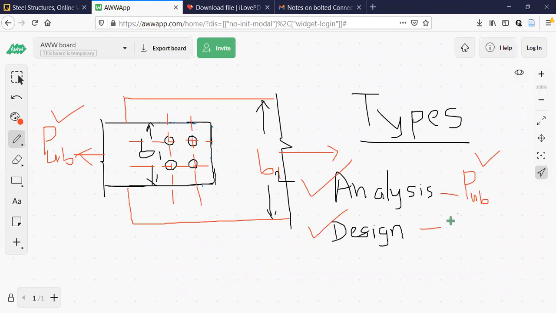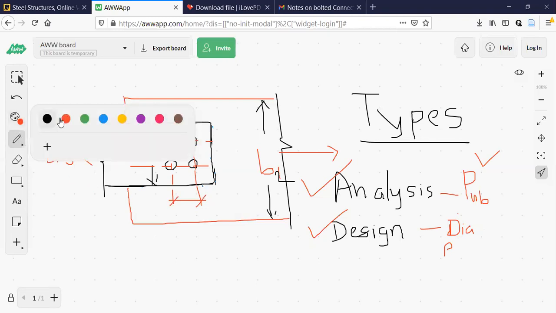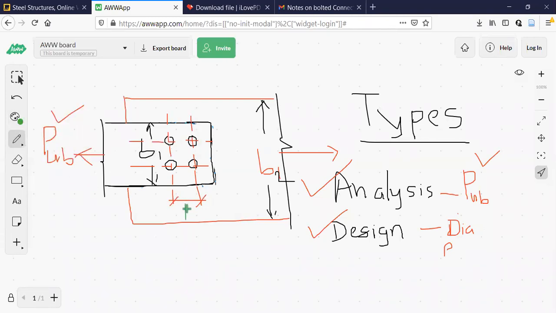Your job is to decide the diameter of the bolt, then the pitch of the bolt. Pitch means the distance between two bolts in the direction of the force. Now I'll show you what is pitch, so there should not be any confusion. This is what we call pitch: the center to center distance between two rows of bolts in the direction of the force.